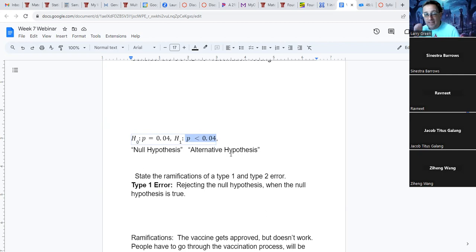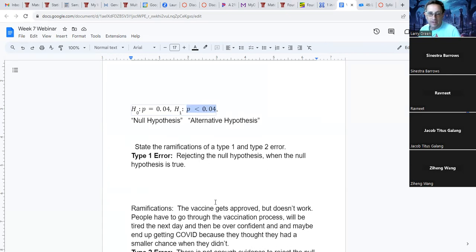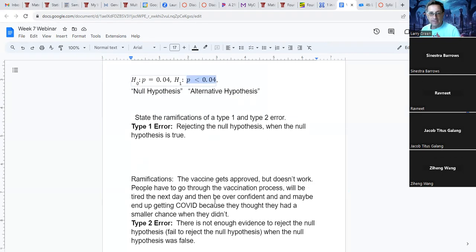That's a false positive, and for our class, it's called a type 1 error. A type 2 error is the false negative, and that means that we do not have evidence to show that the vaccination is working, or in this case, that P is less than 0.04, when it really is less than 0.04. So that's what type 1 and type 2 errors are. And let's look at the ramifications.